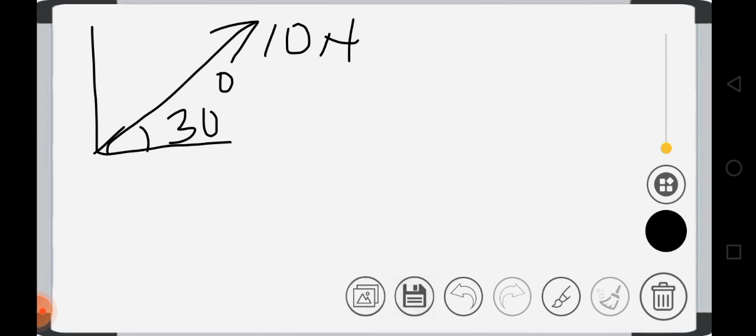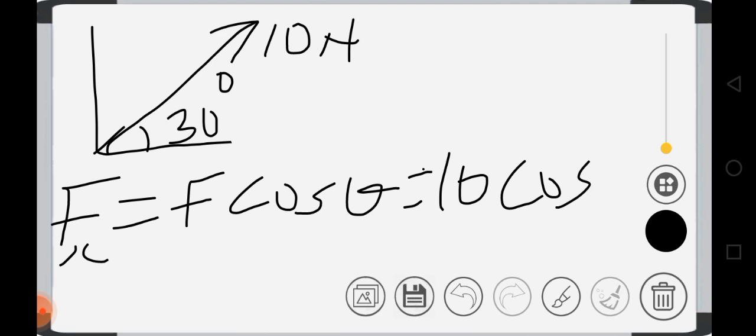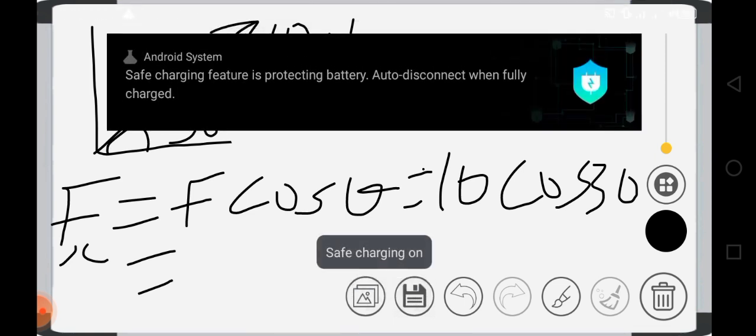The component of this force in the x, you can see the x and y as s and y. The component of the x will be the force cos theta, which is 10 cos 30. So what is 10 cos 30? It is going to give us a very lovely answer.